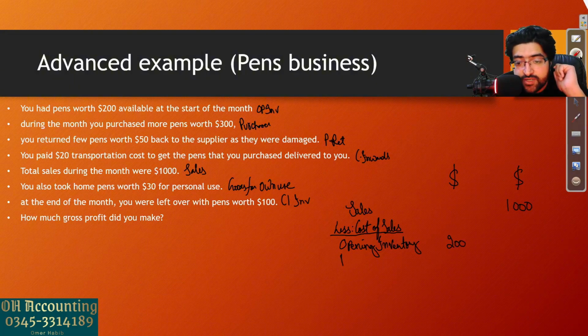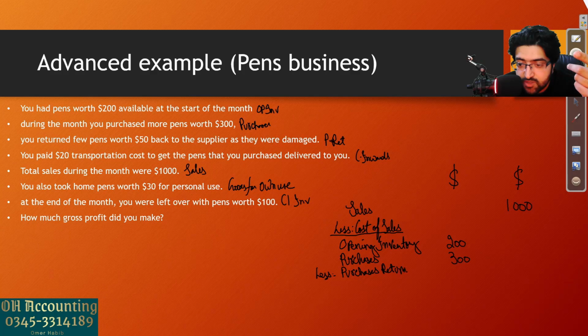Then we add purchases to it, the goods that we have purchased during the current year. Obviously this is our cost of sales because we had to pay money to bring these goods into our business, so 300. Then we returned some goods back, so purchases returns. I have to remove these out of my cost of sales, so I will write less purchases returns.